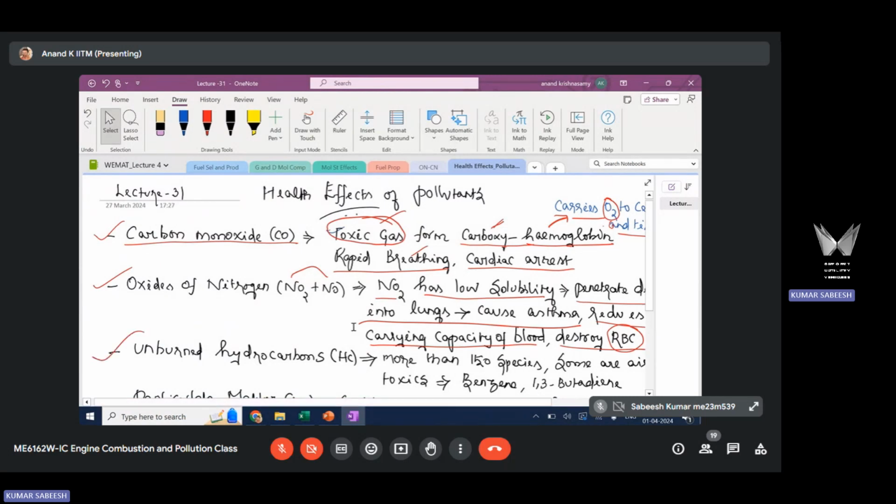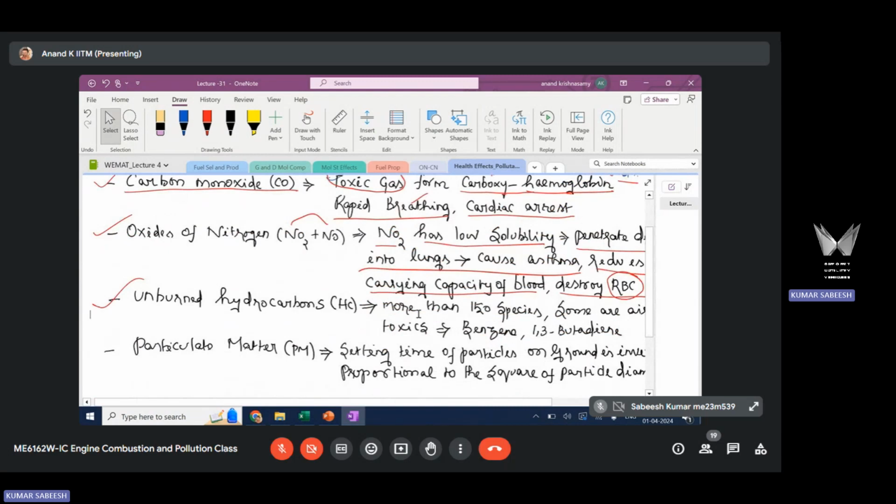Unburnt hydrocarbon. Unburnt hydrocarbon is not one species like CO. I already said that you have more than 100 species coming out of the engine exhaust. It's a multi-component species. Any partially oxidized or unoxidized fuel will become this unburnt hydrocarbon.